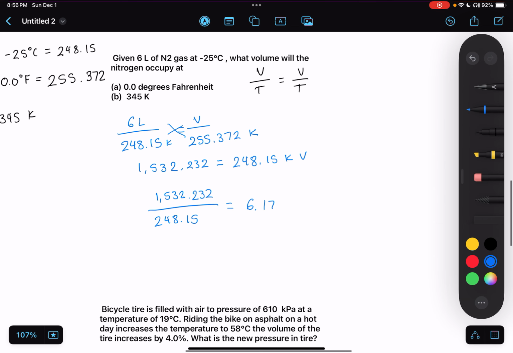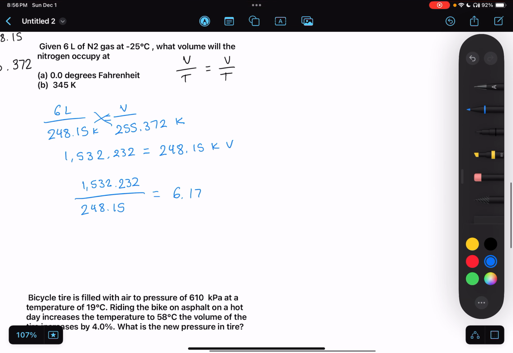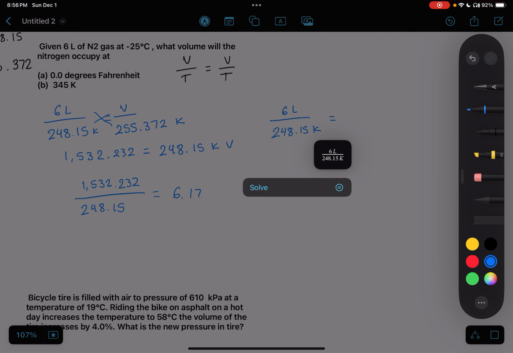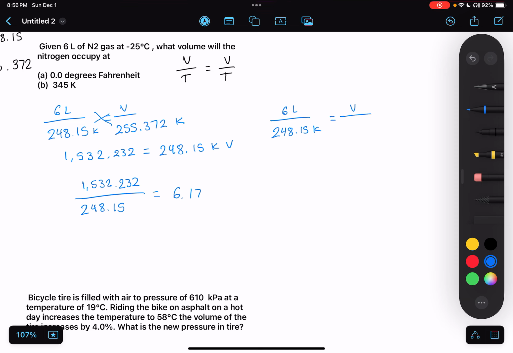All right, and then we got 345 Kelvin. So same deal, 6 liters over 248.15 Kelvin is equal to some volume over 345 Kelvin. So we cross multiply. 345 times 6 divided by 248.15, and that's going to give us the second volume is equal to 8.34.